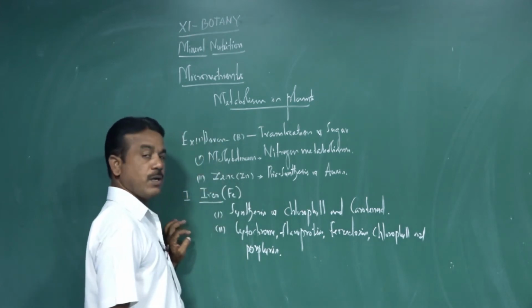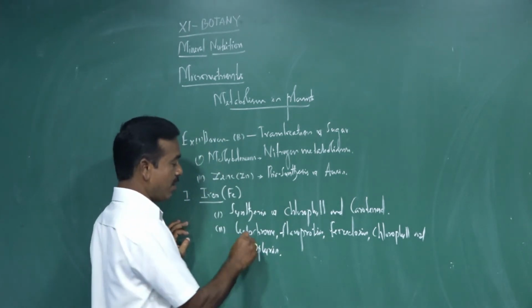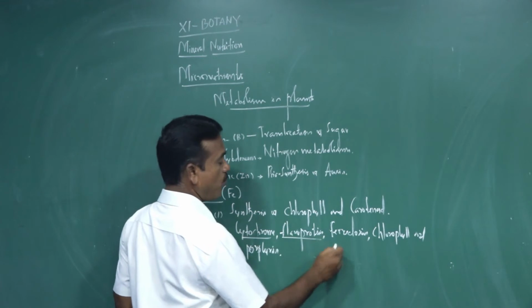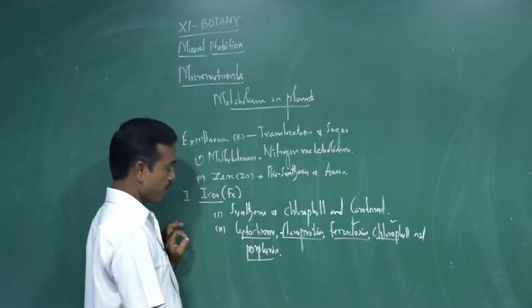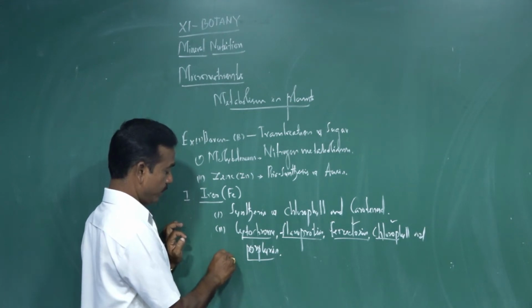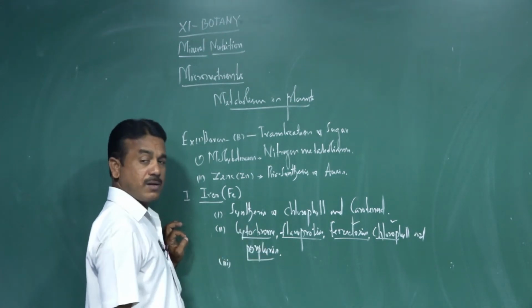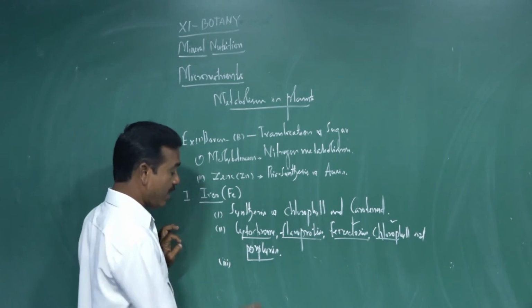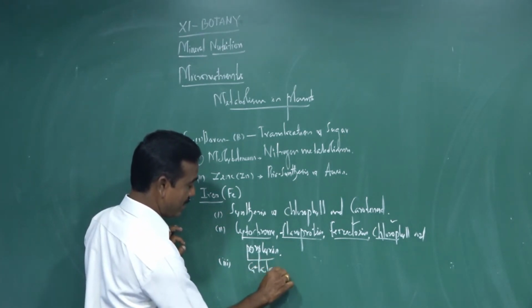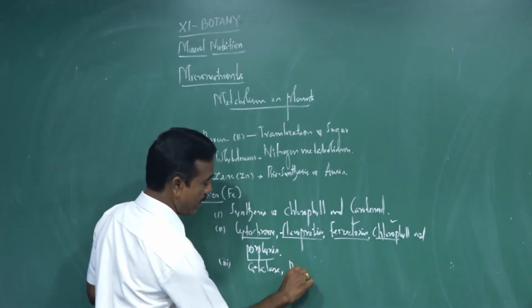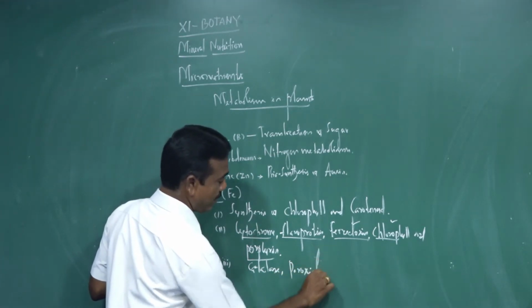So iron is the component of cytochrome, flavoprotein, ferredoxin, chlorophyll, and porphyrin. Iron is the activator of catalase and peroxidase itself.